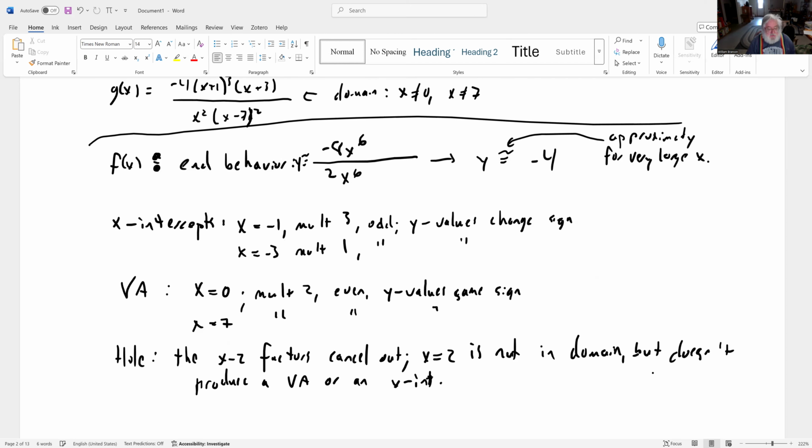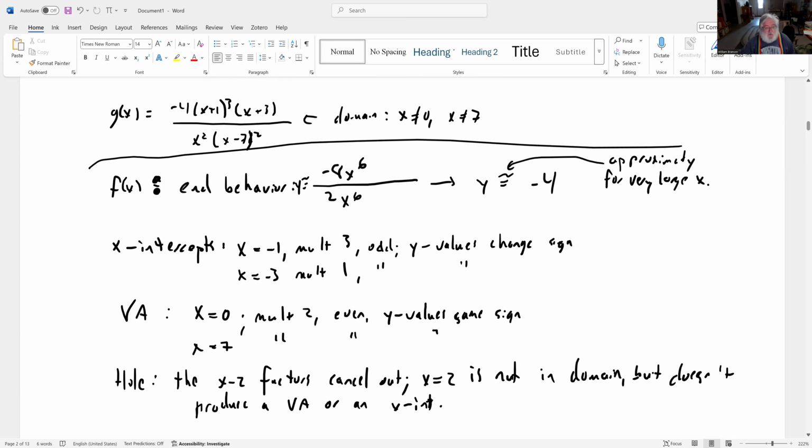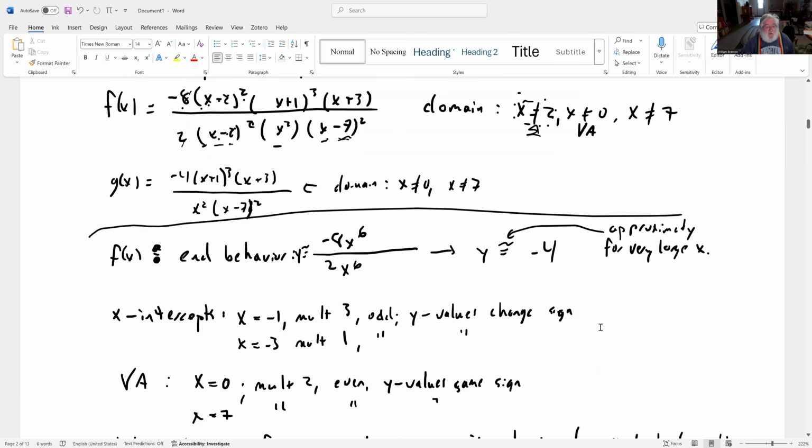It doesn't produce a vertical asymptote or an x-intercept. And we'll see exactly what that means in a moment.